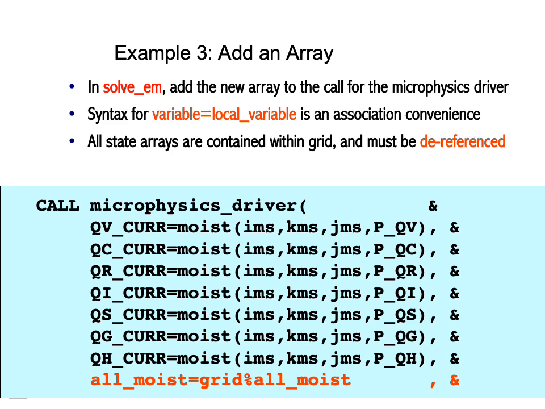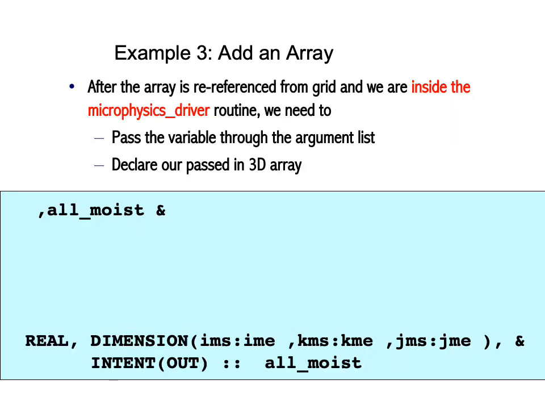This dereferencing allows us to take information from the derived data type grid and pass it into the microphysics driver. Once we are inside the microphysics driver, we have a variable all_moist that gets passed in.